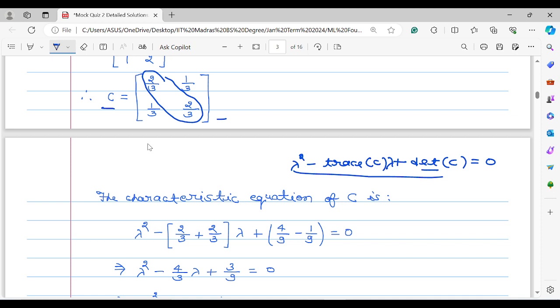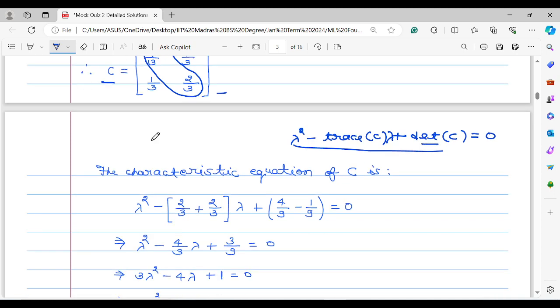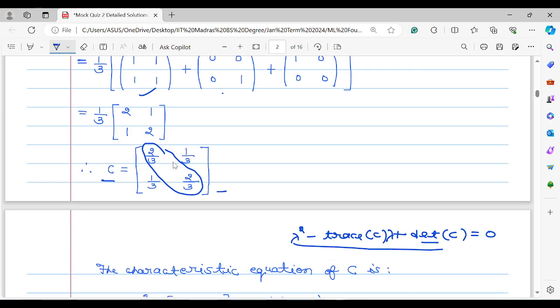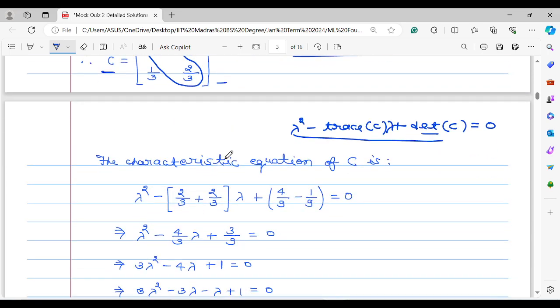Okay, so we will use this formula and find the characteristic equation of C. You can also try this method, determinant of C minus lambda I is equal to 0. You can also try this and you get the same as I have got.